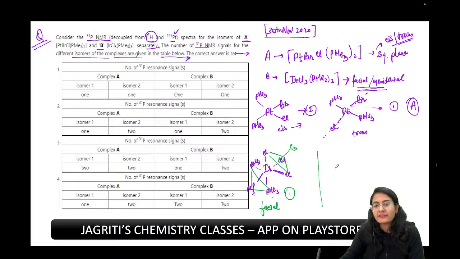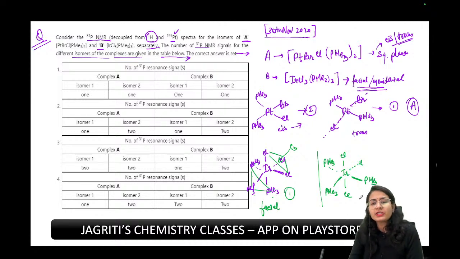Okay? And if I draw the meridional isomer, you will see that there are two signals. Because the meridional isomer also has a point group, it has a sigma plane. Okay, let's see. So where is the sigma plane over here? If you can imagine a sigma plane that contains, look, there is going to be a sigma plane that runs parallel to the PMe3 and the Cl bond.